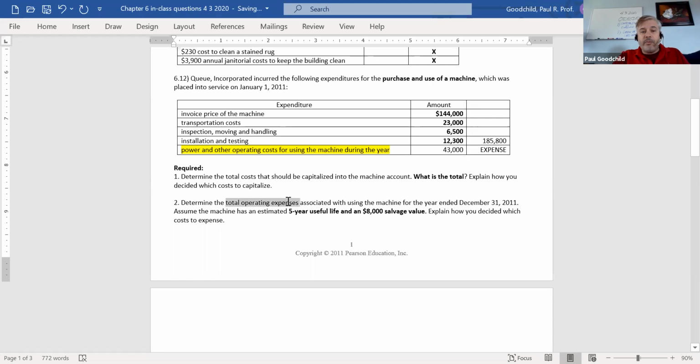And they've also given us information regarding the machine's useful life. So they would like us, although it's not exactly clear from the wording in the question, to calculate some sort of depreciation. So I'm going to start with, and I'm going to assume straight line depreciation.